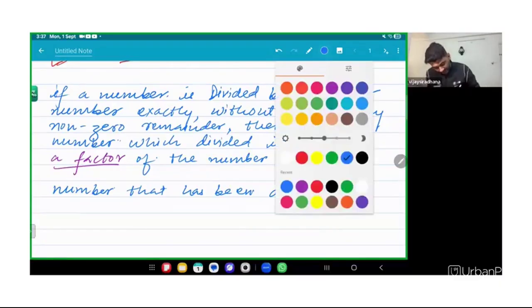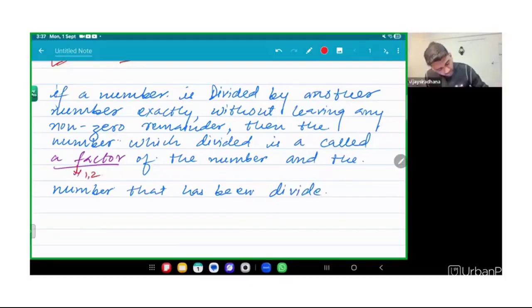So over here the factors of 12 are 1, 2, 3, 4, 6, and 12.